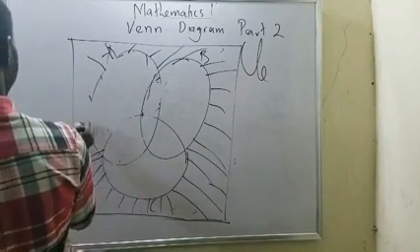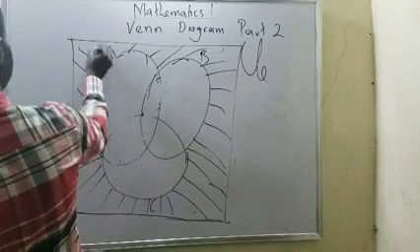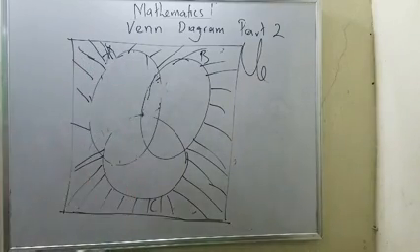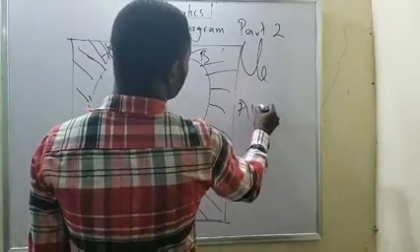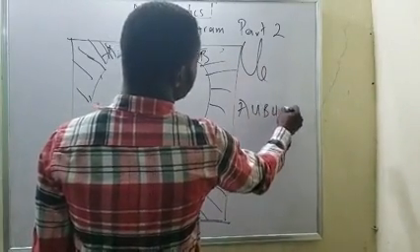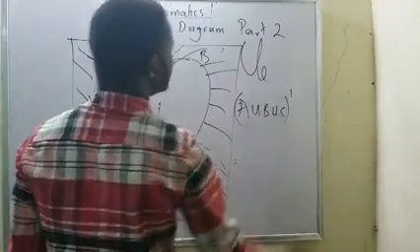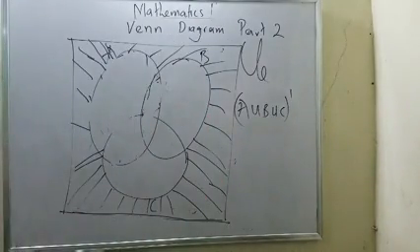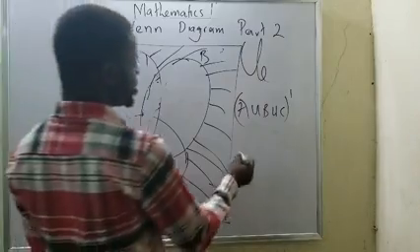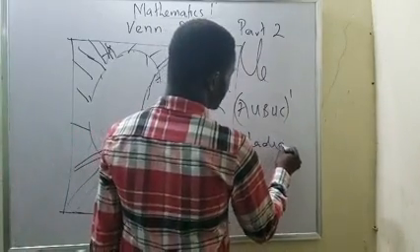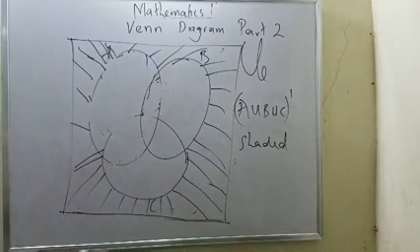They are very, very common. If this part is shaded, it means I'm talking about A union B union C, all in complement, shaded. Please take note of that. They are very important things.